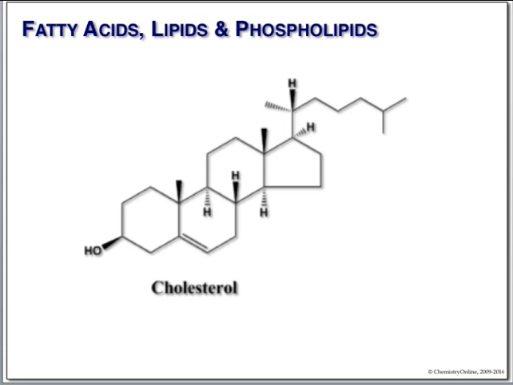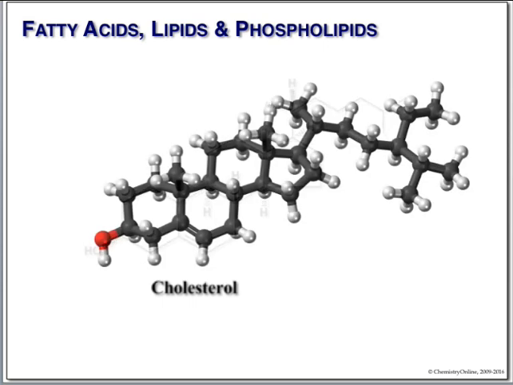This molecule, because of its particular stereochemistry, that's the orientation around all these bonds, see the wedges up and down, actually looks like this. It's very flat, very planar. Cholesterol is a very, very important component of membranes.